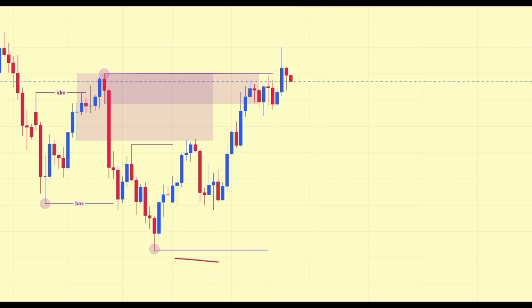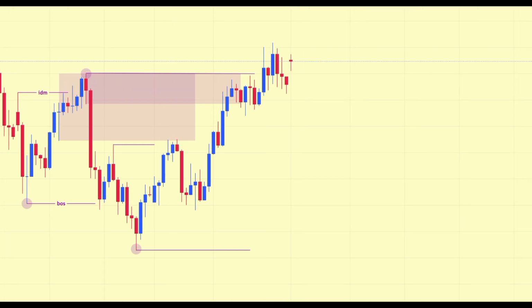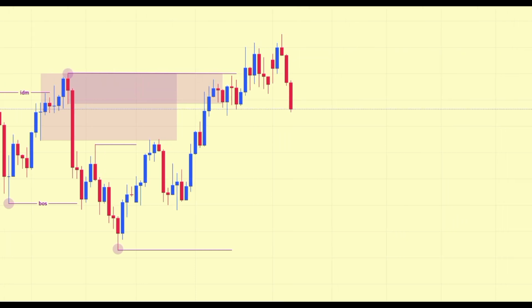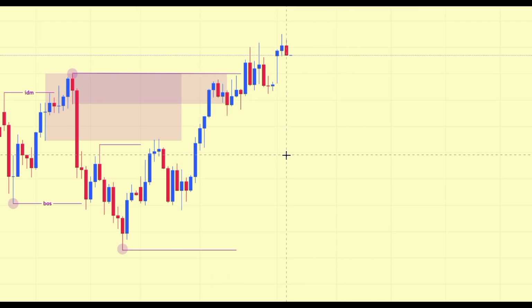Now let's identify the inducement, because that's the first step before you mark the order flows or the order blocks. So let me run price and see what price does. Alright, and exactly right here, let me rewind. We can clearly see that the recently formed valid pullback in our trading range is this one here, and the inducement is right here.